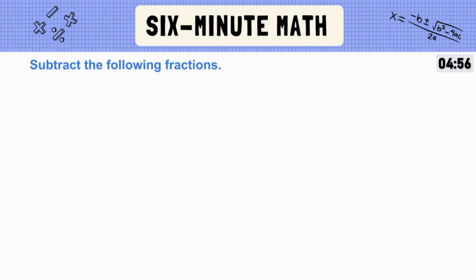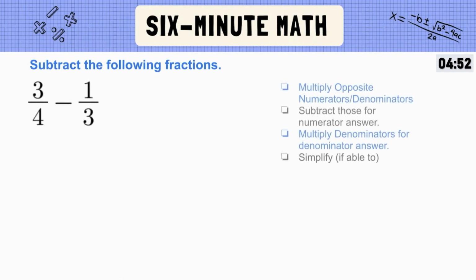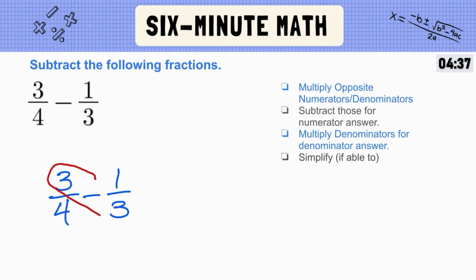Let's check out some examples here. We're going to subtract the following fractions, and I have my handy checklist available. The first thing I'm going to do is actually write this question a little bigger down below to help me with the whole method. So I'm going to multiply the opposite numerator and denominators. 3 times 3 is 9, and 4 times 1 is 4.